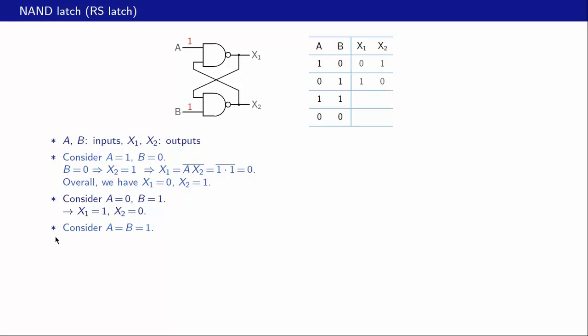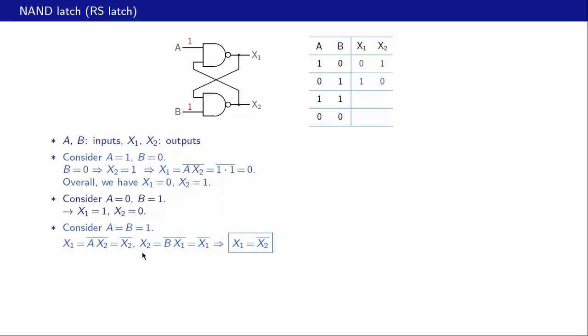Now let us consider A equal to B equal to 1. So 1 here, 1 here. And now X1 is the NAND of A and X2, so that is A X2 bar, and that is X2 bar because A is 1.